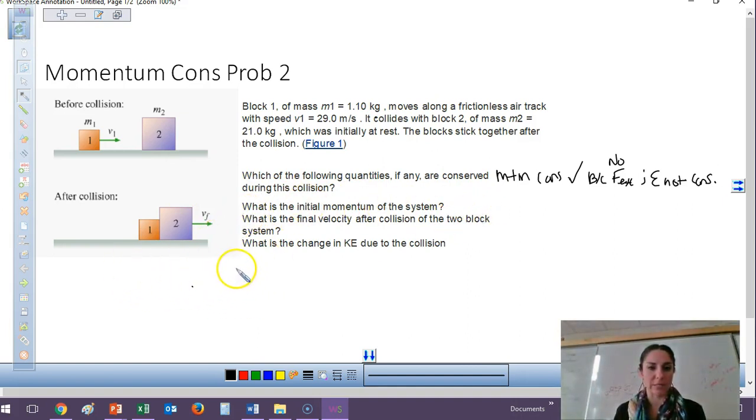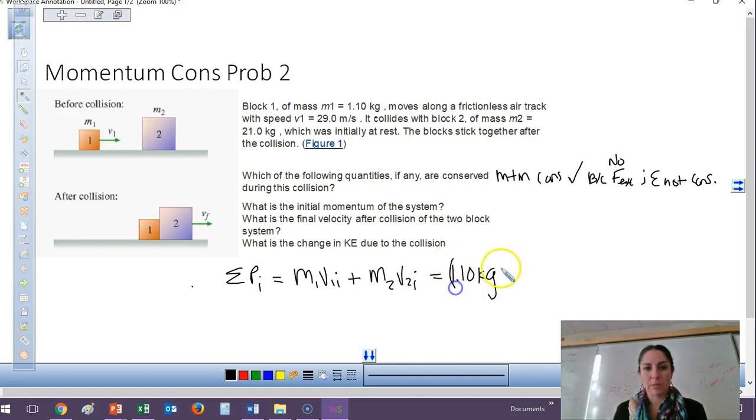If it's asking for that, it's really asking for the total initial momentum, which would be block 1 and its initial velocity plus the momentum of block 2. Now block 1's going to have a mass of 1.10 kilograms times its initial velocity, which is 29 meters per second. And then we're going to add the momentum of the second block.